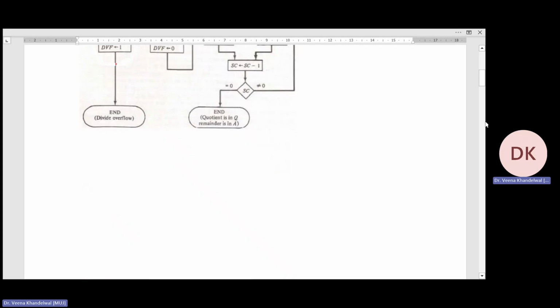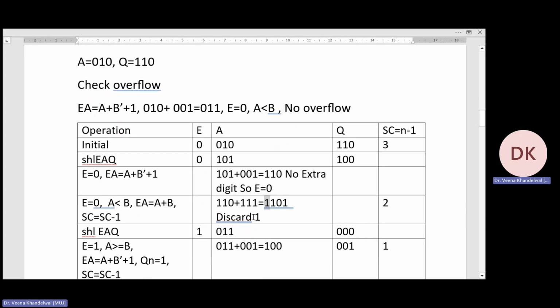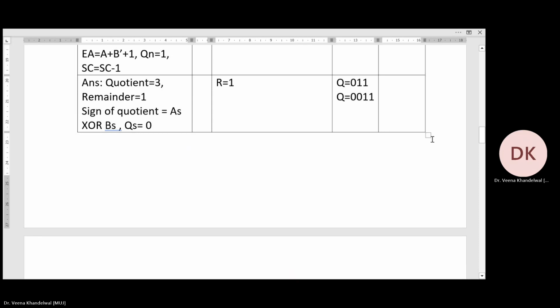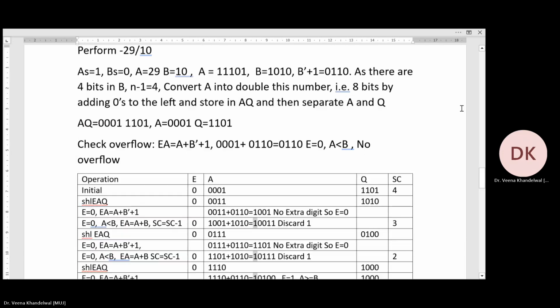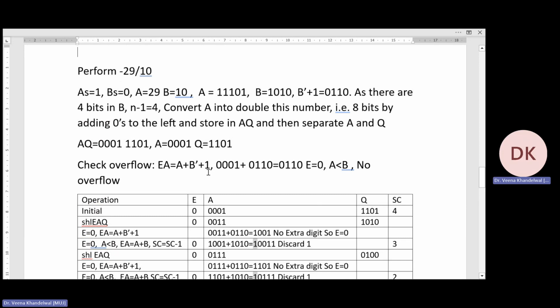So now we will just compute this EA is equal to A plus B complement plus 1. This is our present A, so 0001. And what is our B? B is 1010. So we require B complement plus 1.